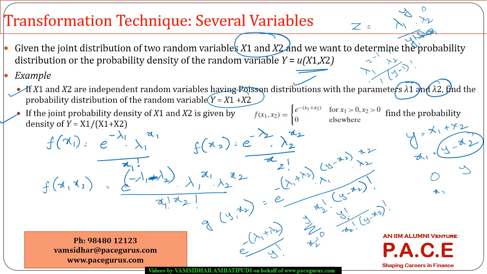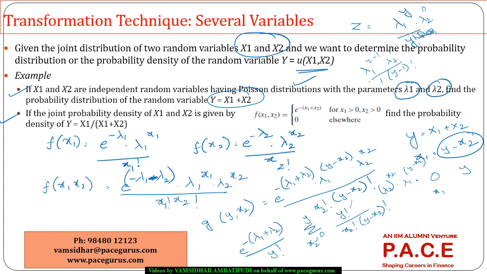This looks like a binomial expression: nCx, y factorial divided by x2 factorial y minus x2 factorial, times lambda 2 to the power x2, lambda 1 to the power y minus x2.